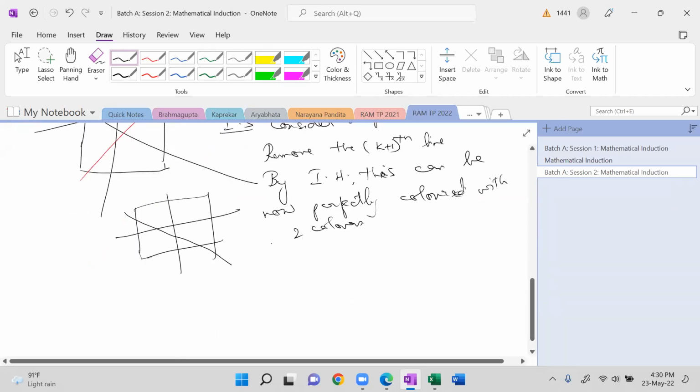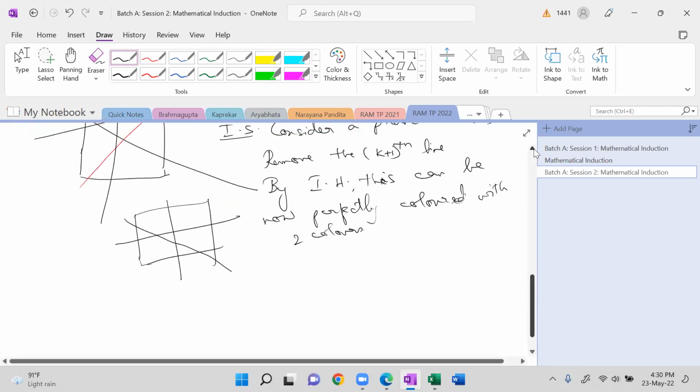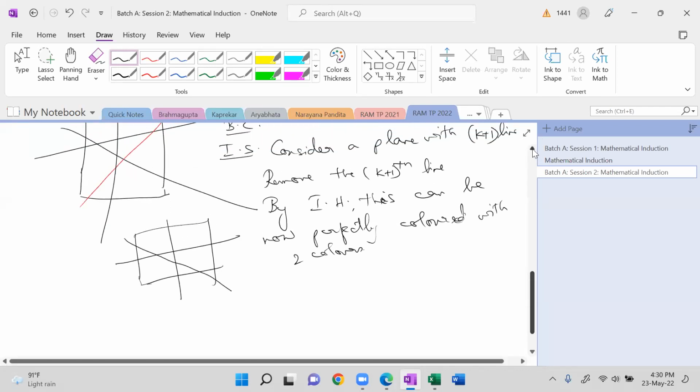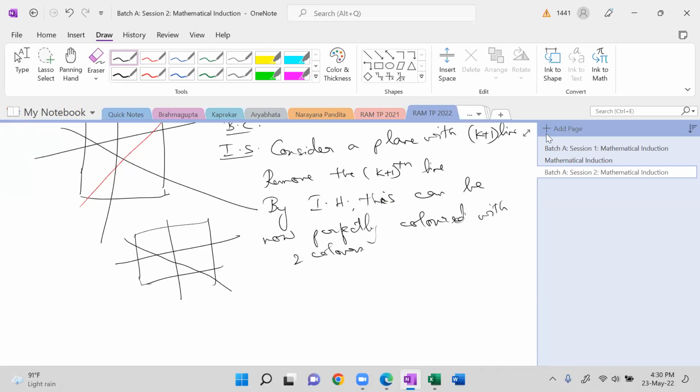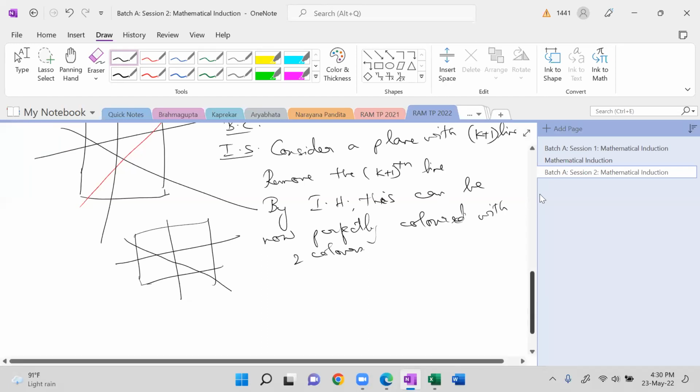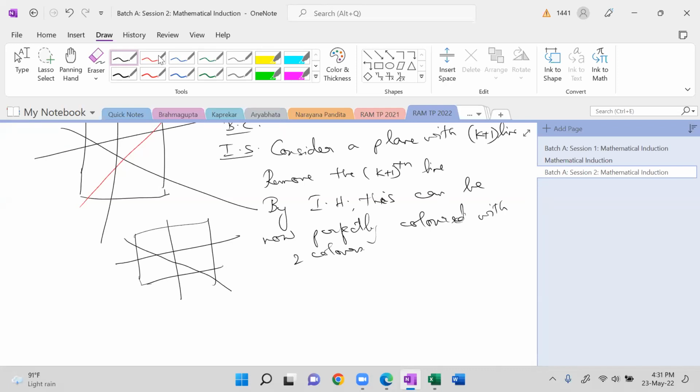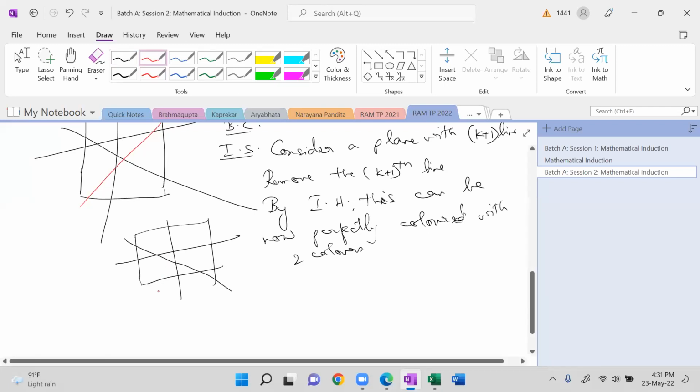So I say, now do the coloring. The adversary does that perfect coloring. Or let's say the adversary doesn't know how to color, so we don't worry about it. It can be perfectly colored. Now, remember, we are not even coloring it. Now what we are saying is, the k plus 1th line is something like this. So we ask the adversary to place the k plus 1th line back.